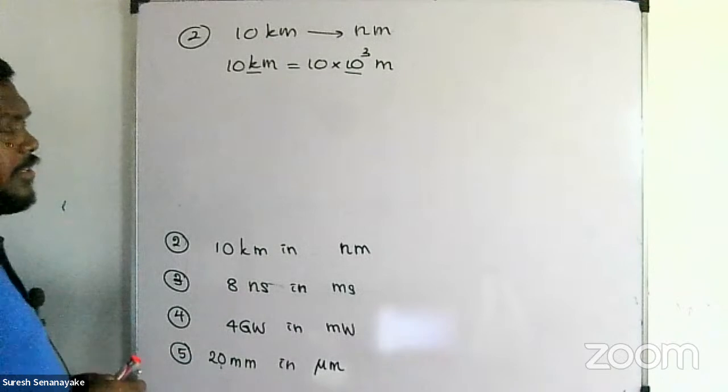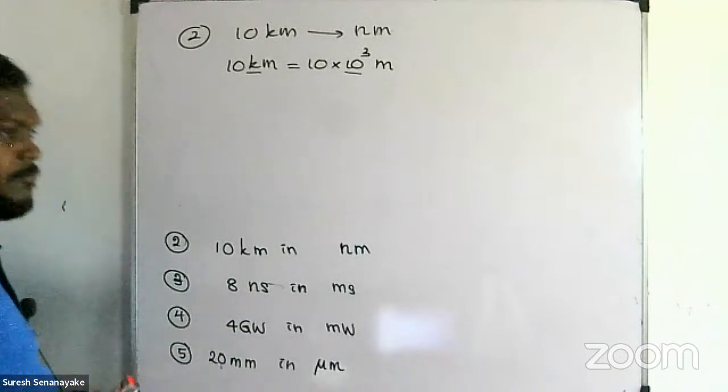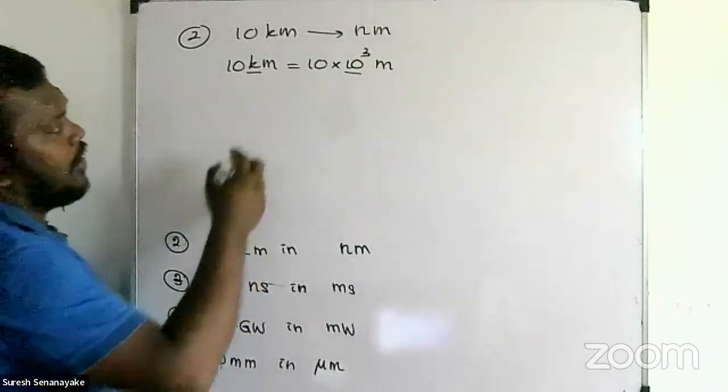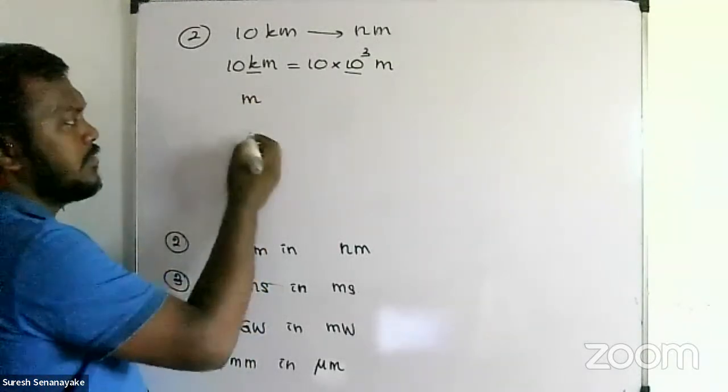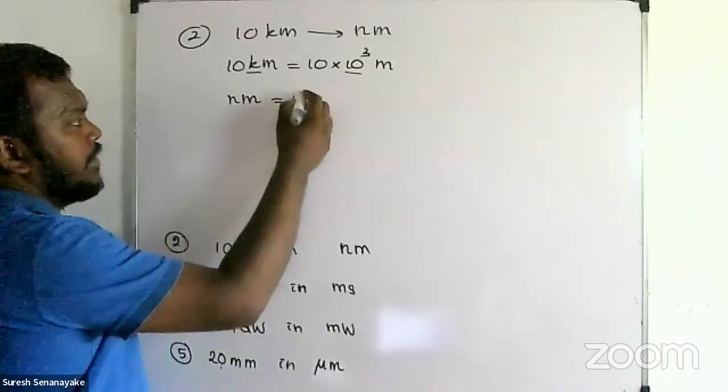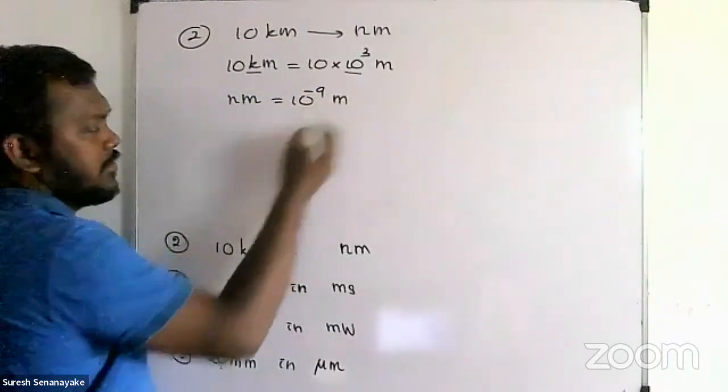Then you need to convert these meters into nano. How can we write them? 1 meter. The nanometer means 10 to the minus 9 meters.